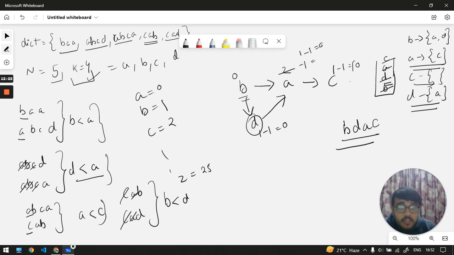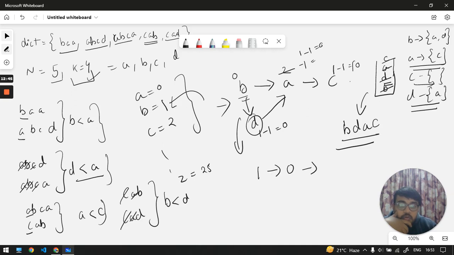If I make the graph according to this, it will be a number graph. And when making the answer out of it, I can go in the reverse direction. So the graph will be like 1 to 0, 0 to 2 and 3. Both graphs are exactly the same.